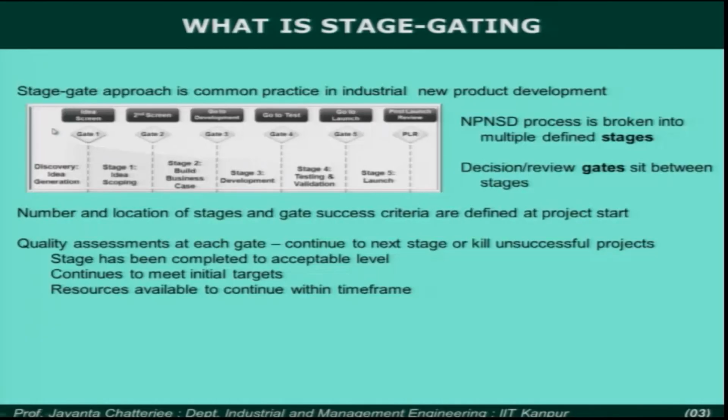Here, if you see, we have gate 1, gate 2, gate 3, 4, 5, 5 gates. The first stage is the discovery of the idea stage. This is the stage, as we were seeing, the most important stage, because though only a few will go through, you must encourage generation of as many ideas as possible.